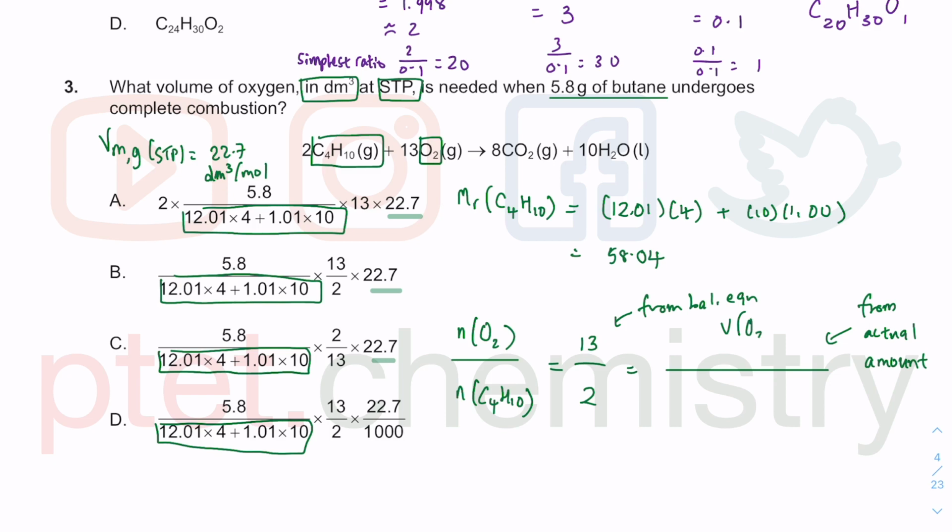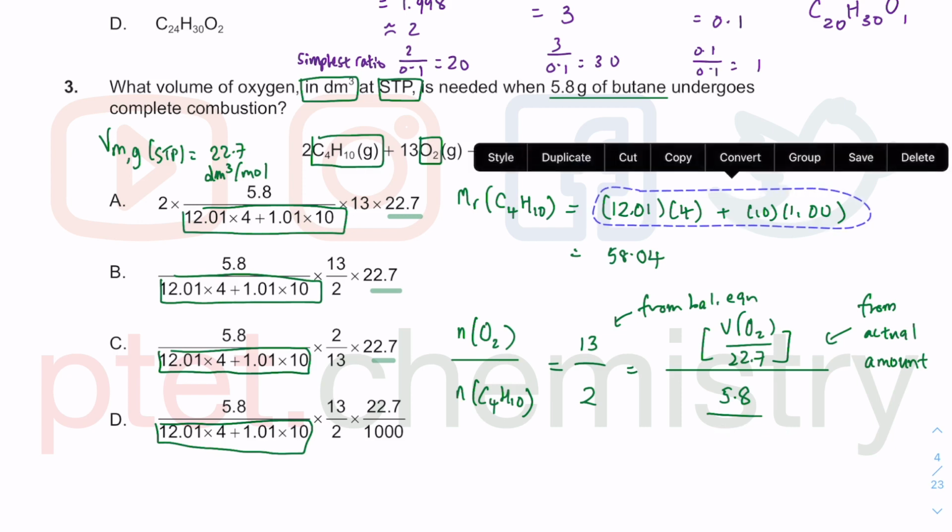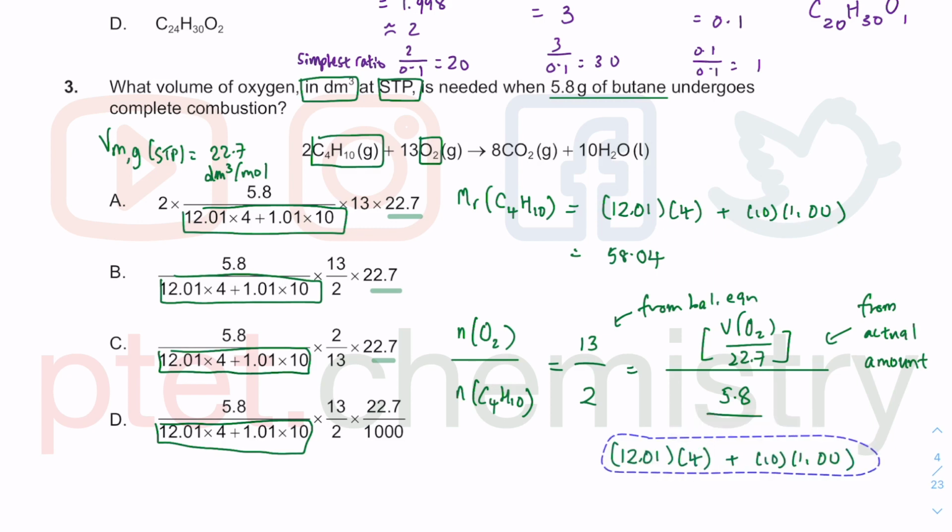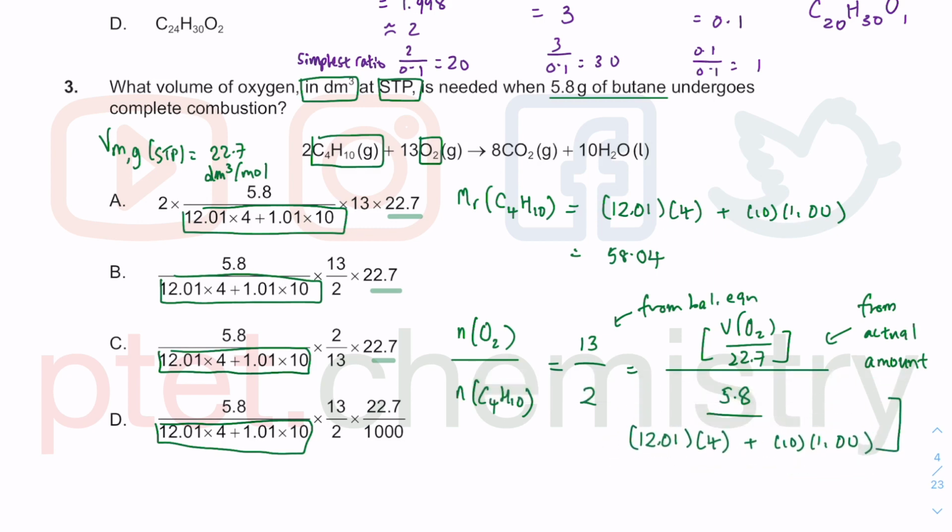So this is the volume of oxygen divided by 22.7, which is the mole of oxygen at standard temperature and pressure. At the bottom, I have the mass, so 5.8 divided by the MR of C4H10, which of course I have already, and that is basically this whole thing here. So that thing there, divided by that at the bottom, and close that bracket.